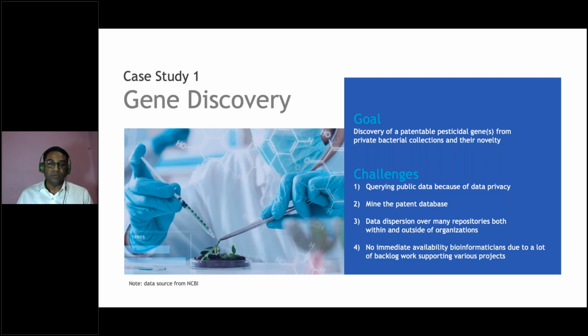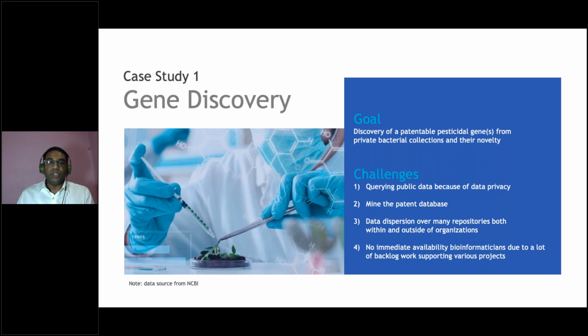And number four, the most important, is the availability of the bioinformatician. Even if scientists settle for command line based tools and mining the data with the help of the bioinformatician, the availability of the bioinformatician's time is a major challenge, because bioinformaticians help multiple other projects and work for the entire R&D team. So getting the bioinformatician's time is very important, and it often doesn't happen.